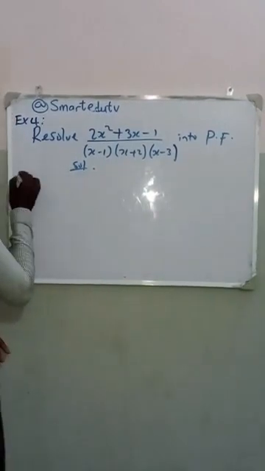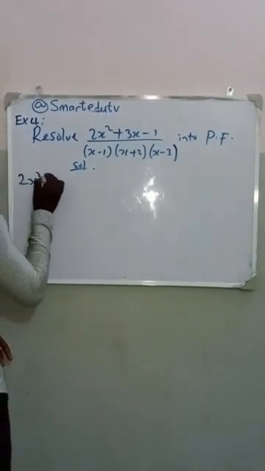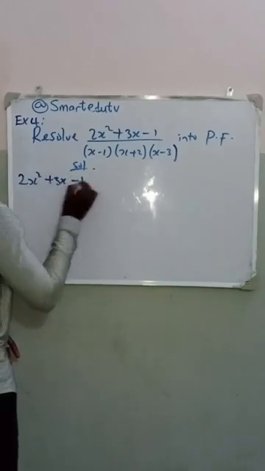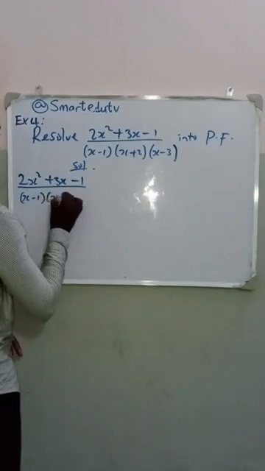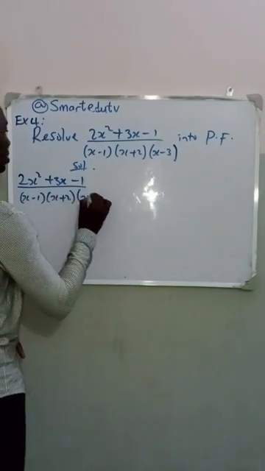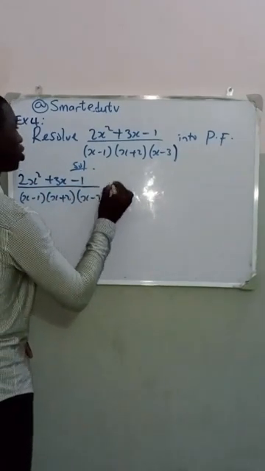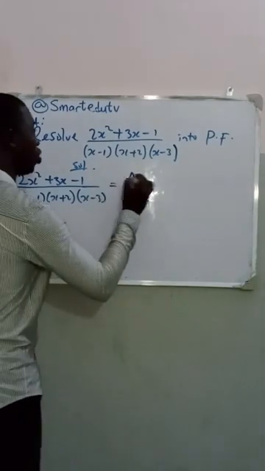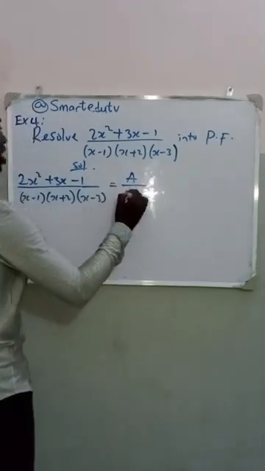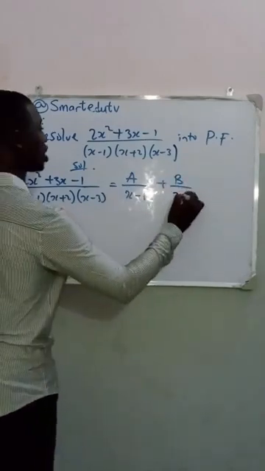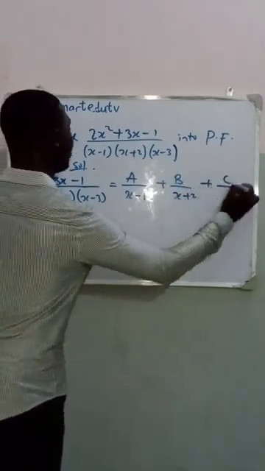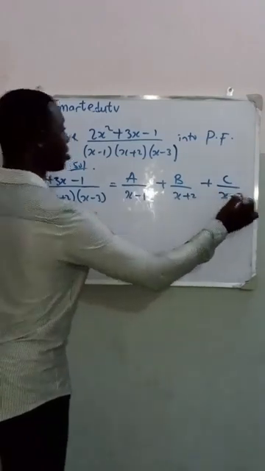To solve this, that is 2x squared plus 3x minus 1 divided by x minus 1, x plus 2, and the last one x minus 3, in partial fractions means a over x minus 1 plus b over x plus 2 plus c over x minus 3.